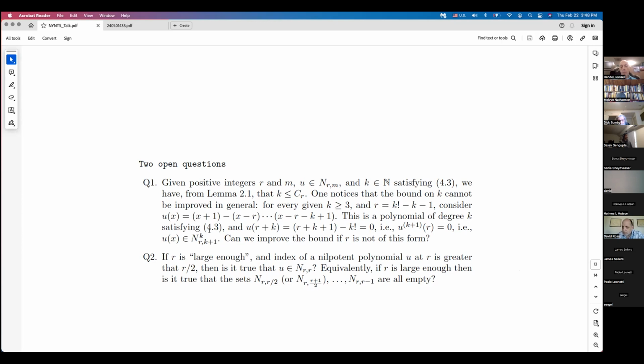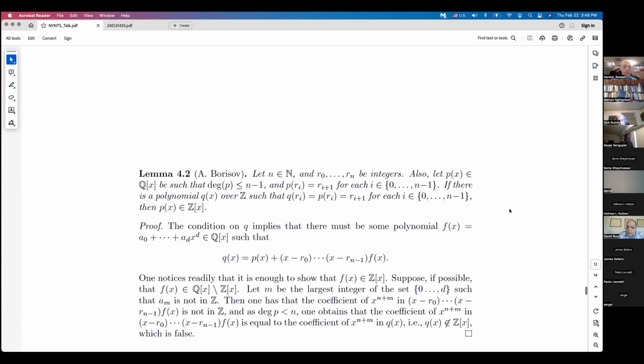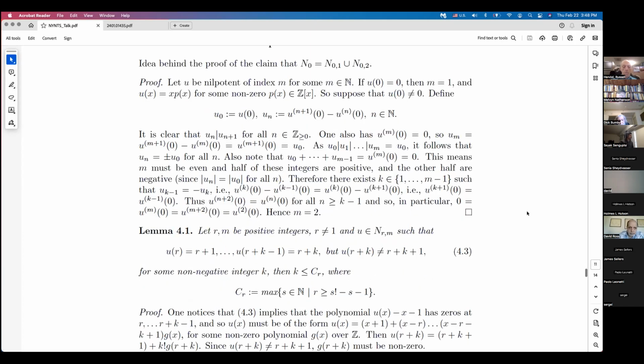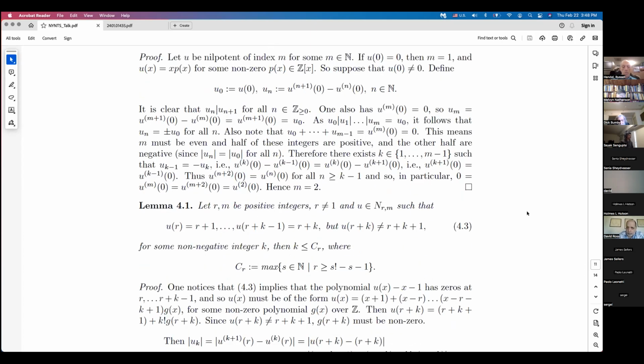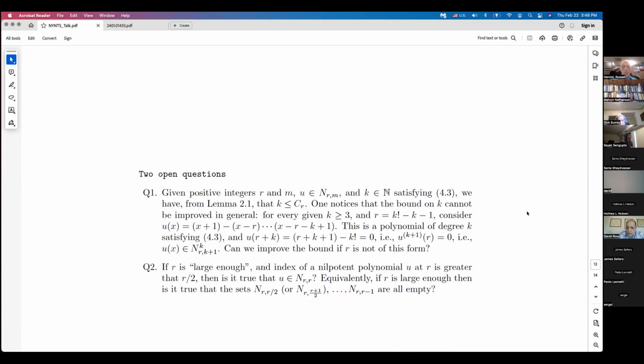And also that u of r plus k plus 1. I think there's a typo here. Yeah, there's not a typo, but I forgot to write it. So u(r+k) is not equal to r plus k plus 1.